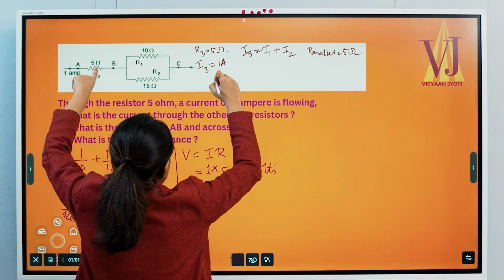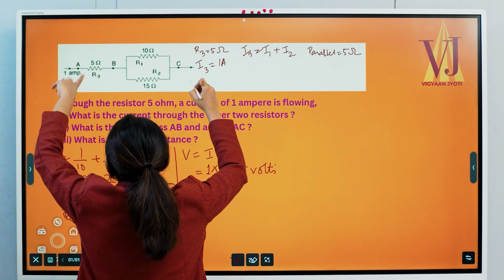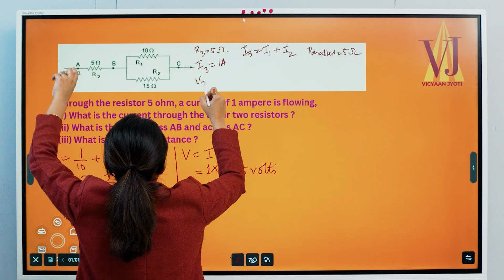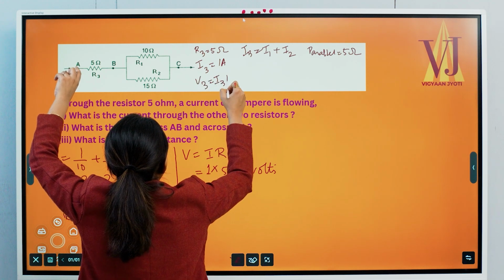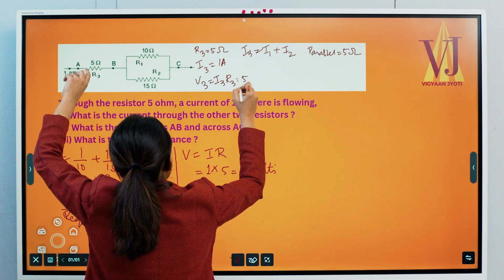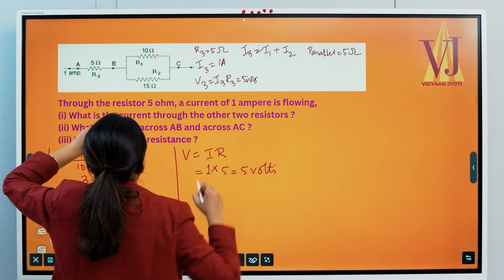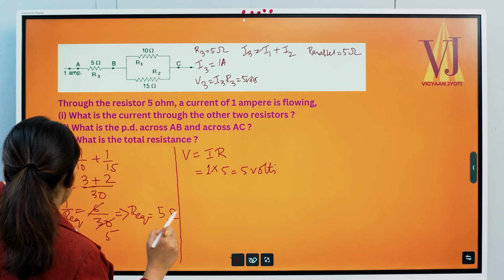Wait, just a second. Here I'll also calculate the voltage: this is I3 R3, that is 5 volts. Have I done anything wrong here? Yeah, I've done something wrong.